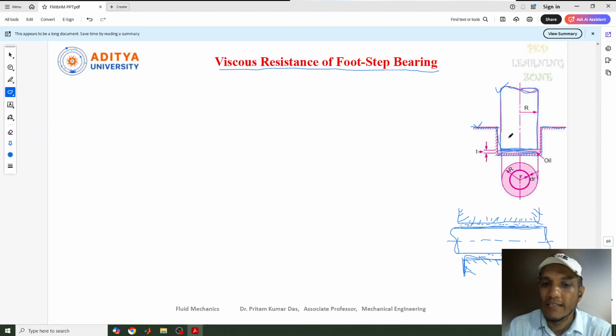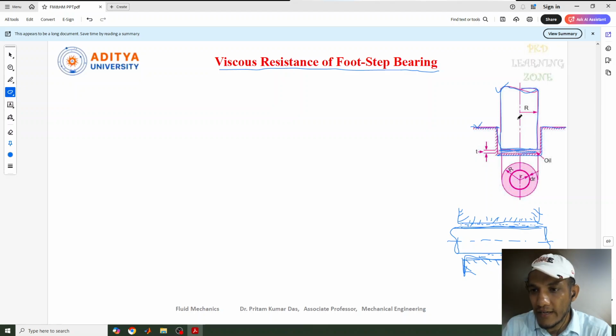So the viscous resistance for the footstep bearing can be calculated by considering a small elemental circular ring, with a radius of r and a thickness of dr.